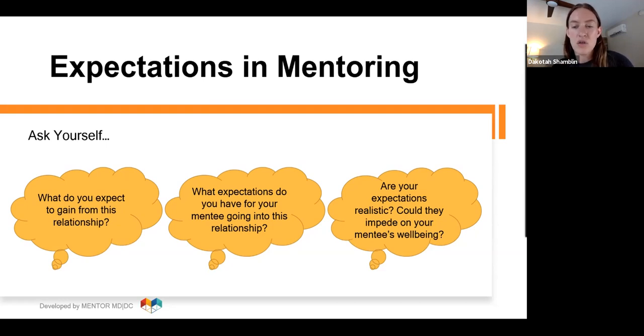What expectations do you have for your mentee going into this relationship? And kind of hash out, are these realistic expectations? Look for any red flags. Maybe the expectations these mentors have are a little bit self-serving, and have them review their expectations and see if they're appropriate for the mentor and mentee relationship.